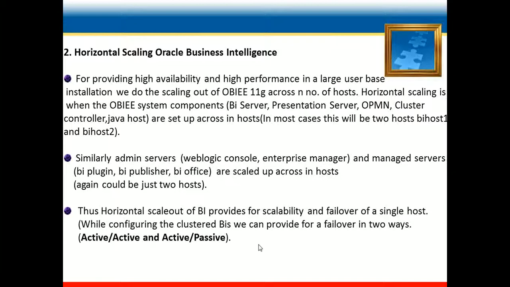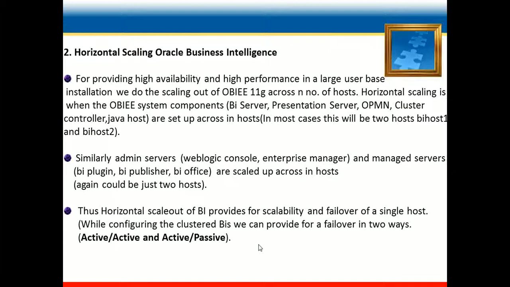Similarly, we can see it for the admin server, like WebLogic Console, Enterprise Manager, and Managed Server, BI Plugin, BI Publisher, or BI Office, which are scaled across hosts, and again could be just two hosts. Horizontal scale out of BI provides scalability and failover of a single host.